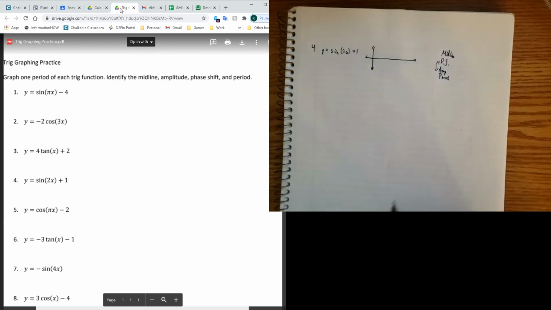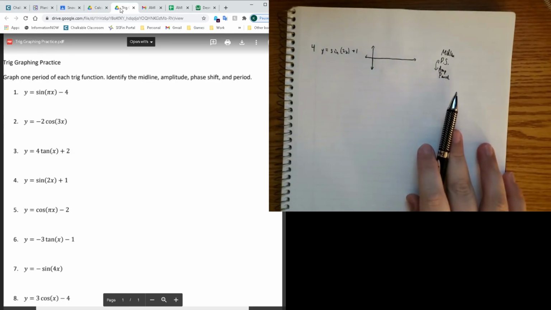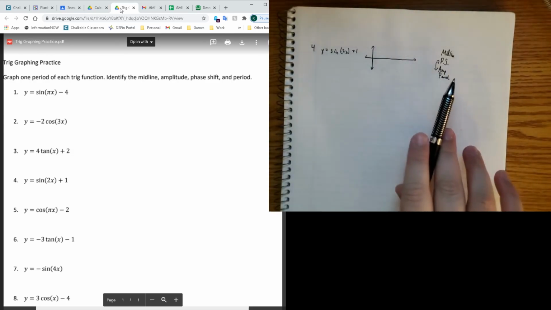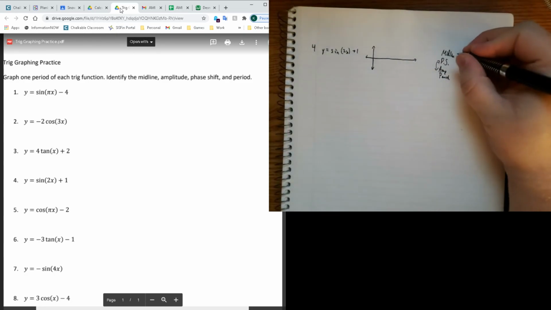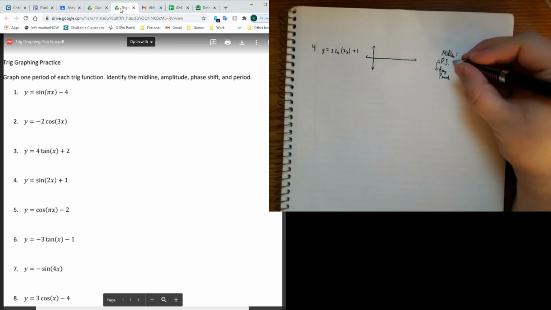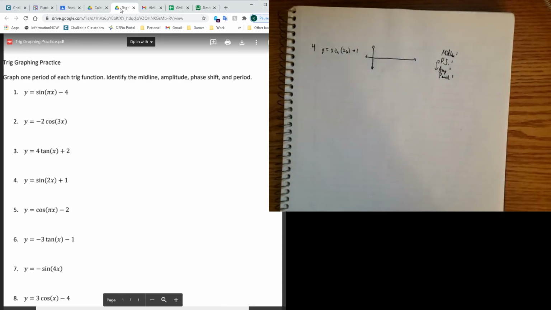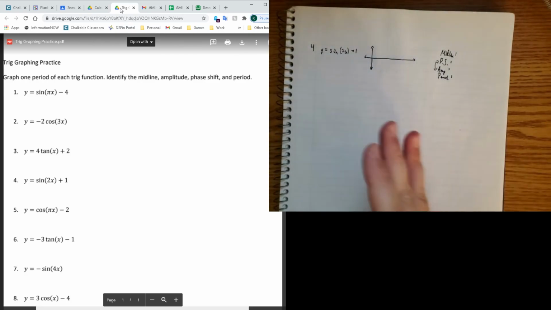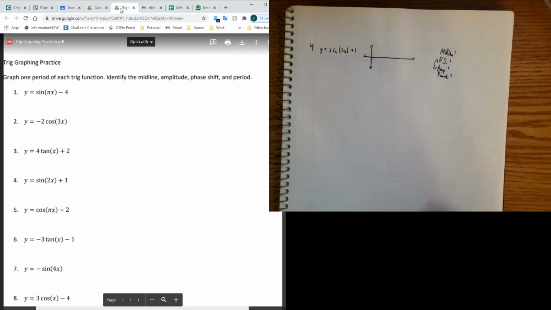Okay, big differences between the phase shift, the period for sine and cosine versus tangent. Remember, the period for sine and cosine is based upon 2 pi over b, whereas for tangent is based upon pi over b. The other weird thing is that tangent is centered, whereas sine and cosine are offset to one side, which is a little different.